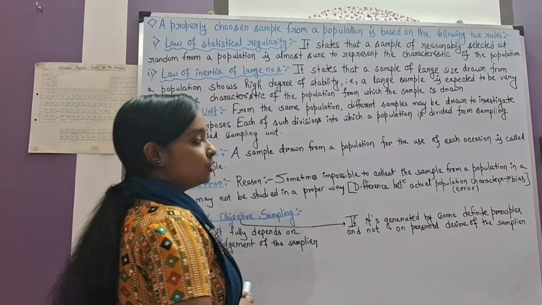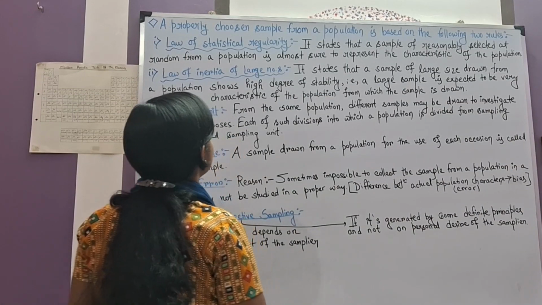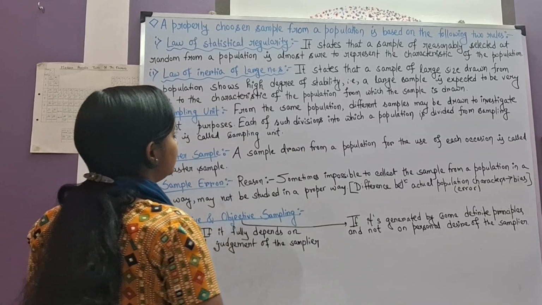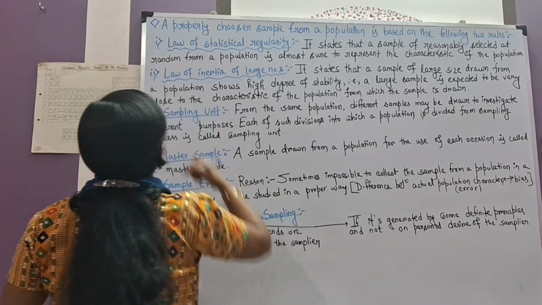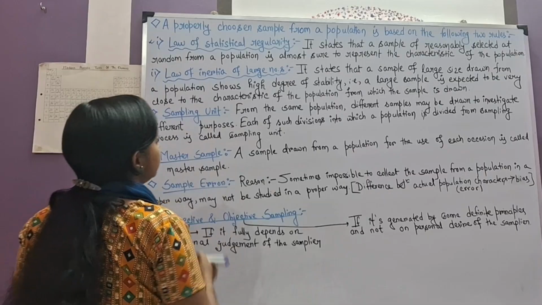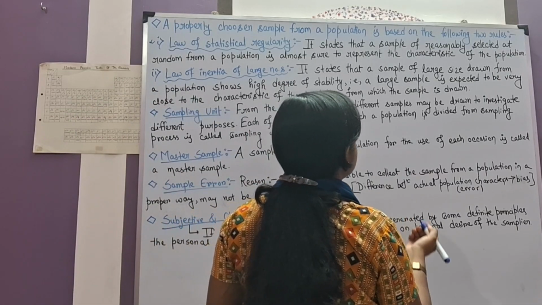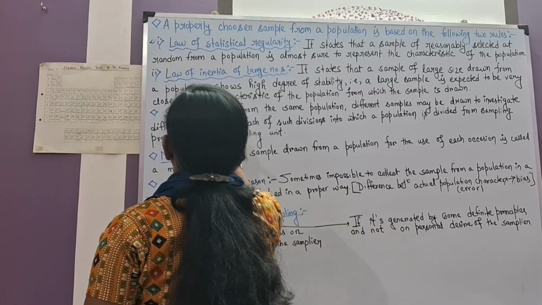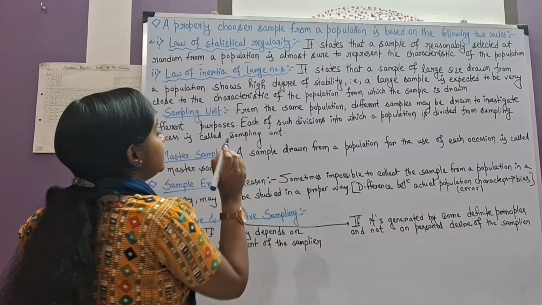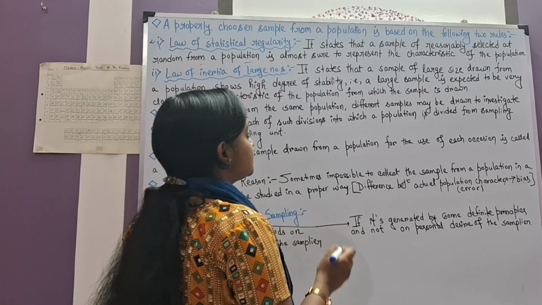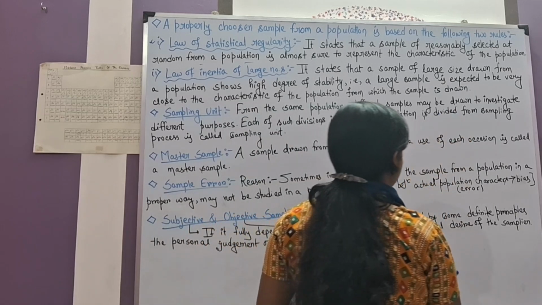Now there are two rules so that we can choose a sample properly from a population. The first rule is law of statistical regularity. What does it state? It states that a sample reasonably selected at random from a population is almost sure to represent the characteristic of the population.